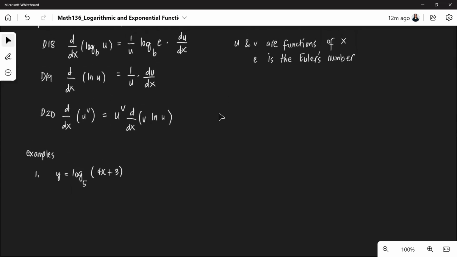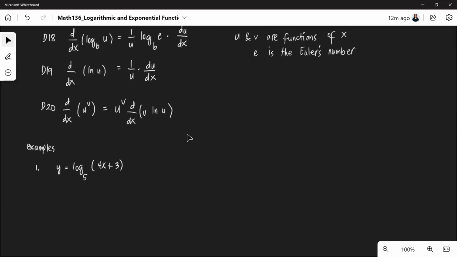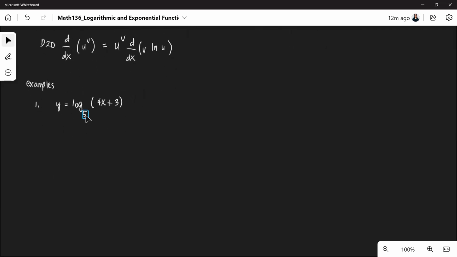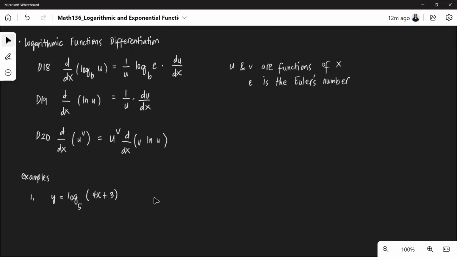We are going to use the other differentiation formulas, of course. So for example, if the base is 5 and u is 4x plus 3, so it follows this format for D18, where b is 5 and u is 4x plus 3.